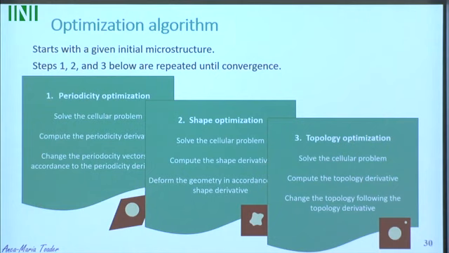So all these steps have a similar structure in the sense that we shall solve the cellular problem, then we shall compute the corresponding derivative according to the formulae, and in the end, we shall change the periodicity or shape or topology according to the corresponding derivative. And so on.